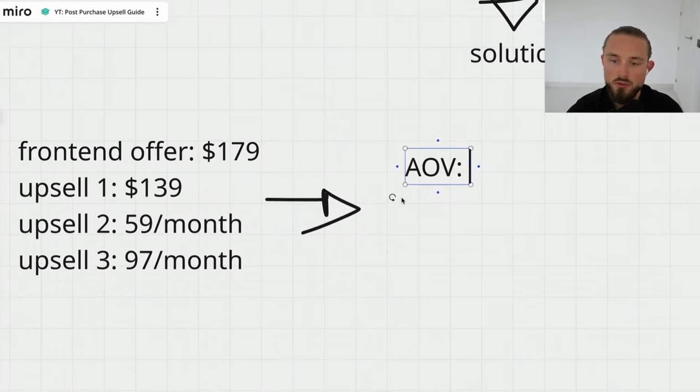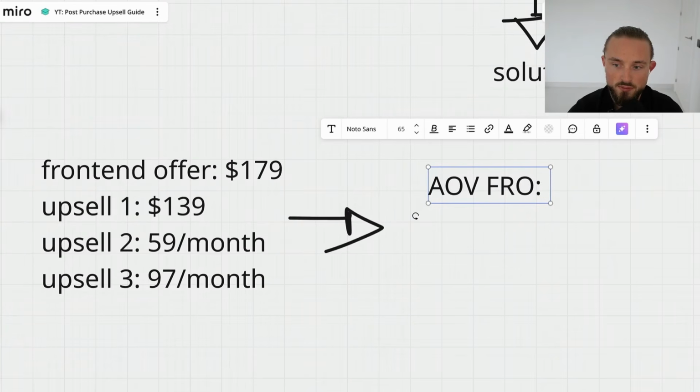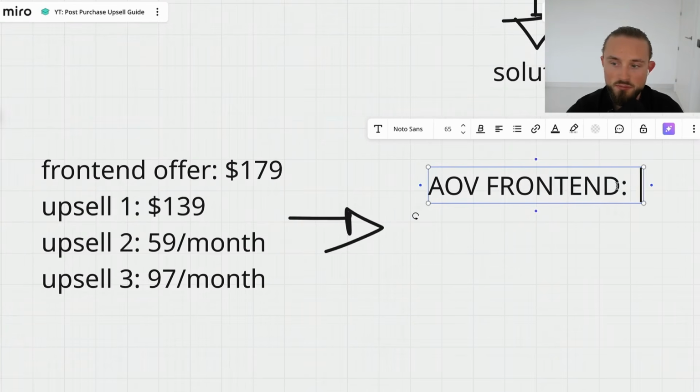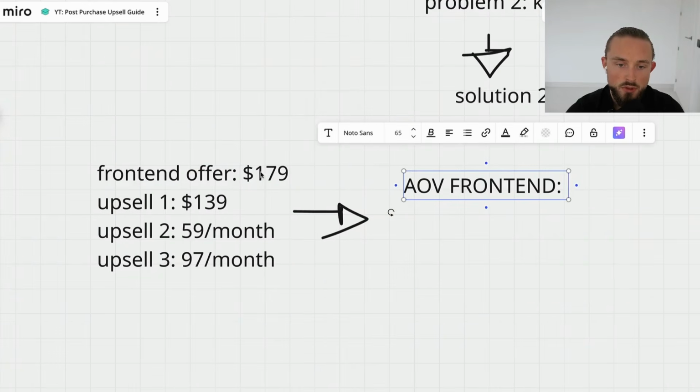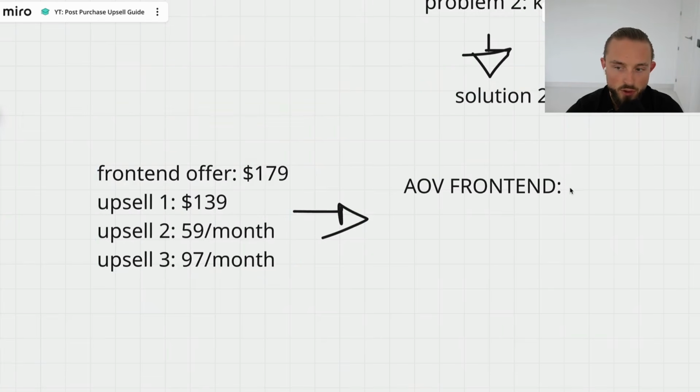AOV, right? Average order value, front end of, let's just say, 300 something, 400 something, right? So if they actually take all of this, it's 179 plus 139 plus 59 plus 97, right? So this is almost like 430, 440 something.